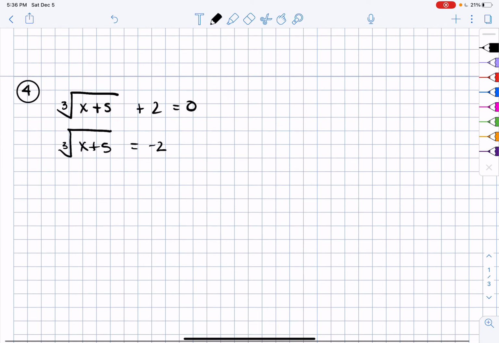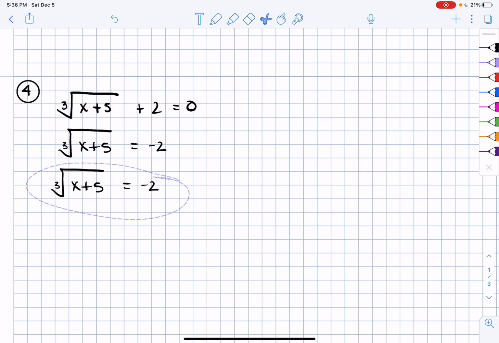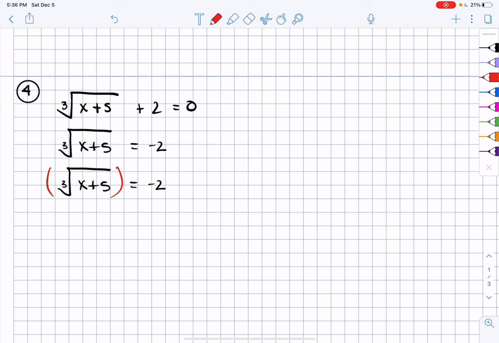All right, so let me copy this here and paste it down here. So what I have to do is actually raise both sides to the 3rd power. So I'm left with x plus 5 is equal to -8.